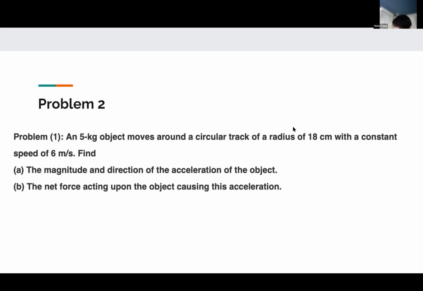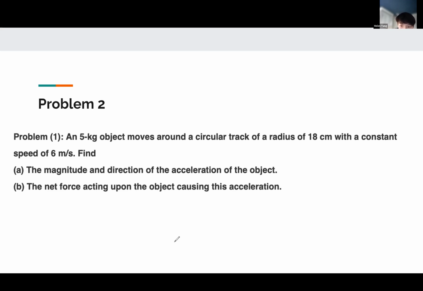This question asks, a 5 kg object moves on a circular track of a radius of 18 centimeters with a constant speed of 6 meters per second. Find the magnitude and direction of the acceleration of the object.